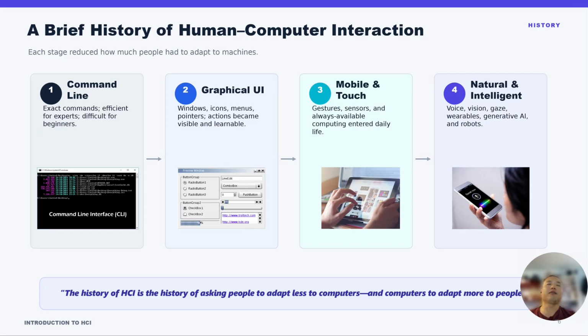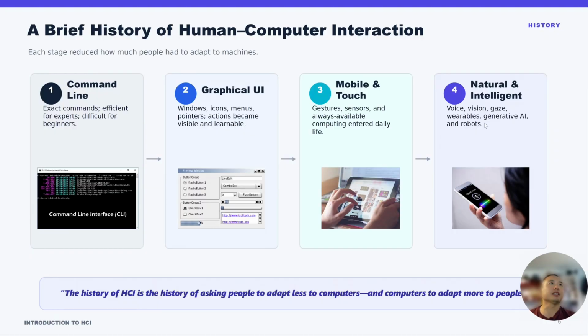And always-available computing enters daily life. The computer is not always a computer with a screen and a computer case. Right now, the computer is everywhere. Your mobile phone is a computer, your earphone is a computer, and your wristband and smartwatch are all computers right now.